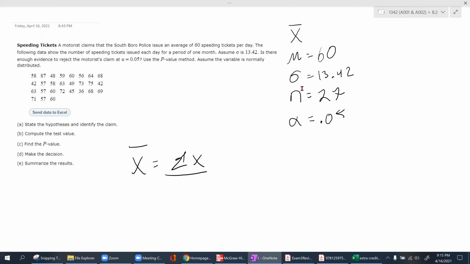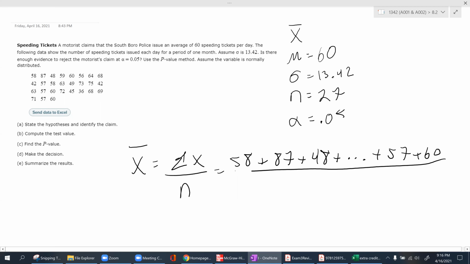And so we said to find the x bar, we found the average, the mean. It is the sum of all these x values over n. So this is something you can plug into your calculator. Go ahead and sum all those values up, meaning you're going to do 58 plus 87 plus 48 plus all the way till you end up with 57 plus 60, all over n, all over 27.